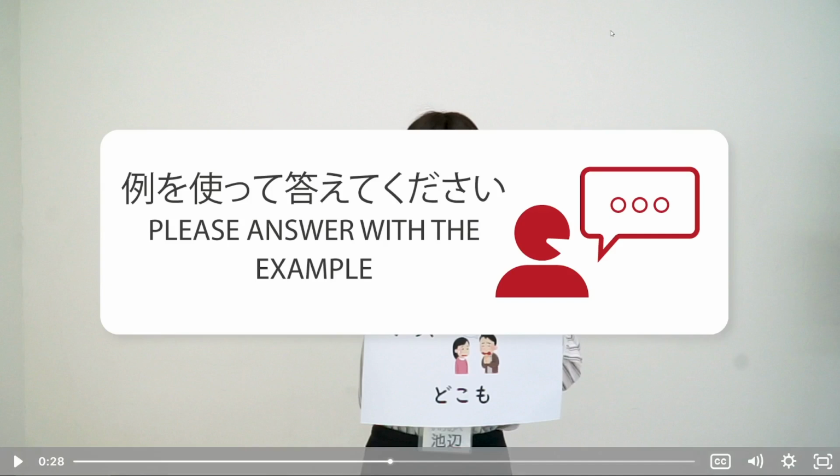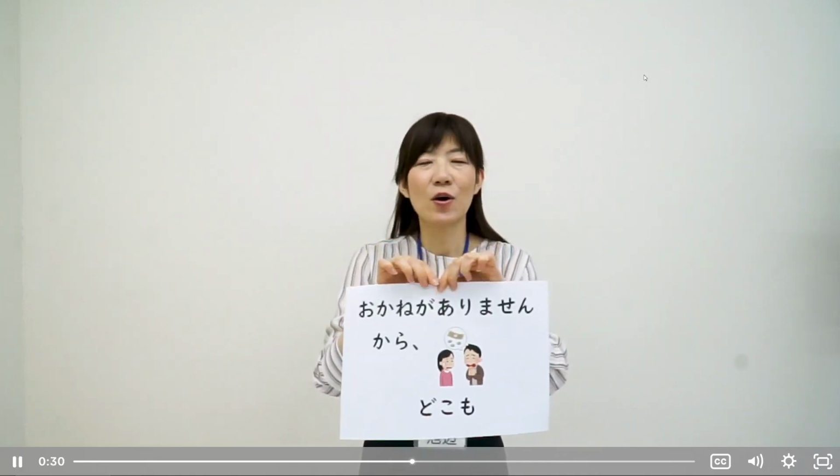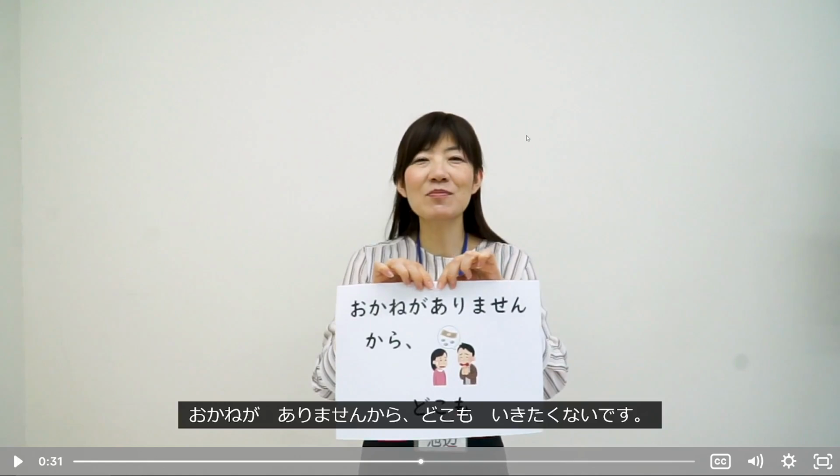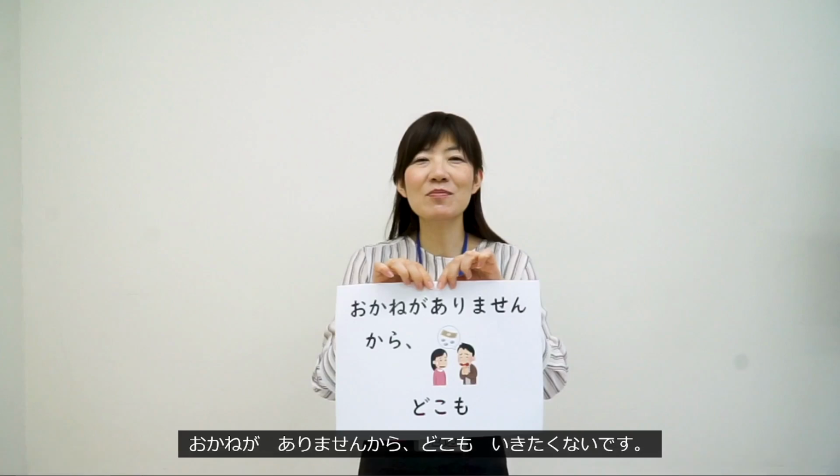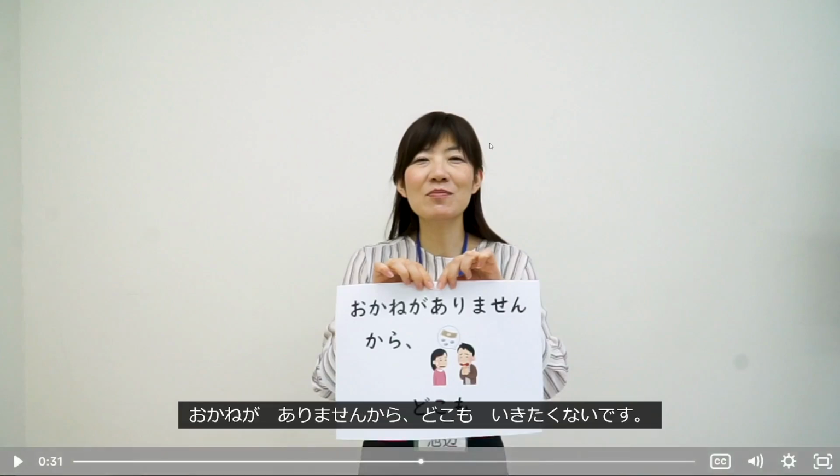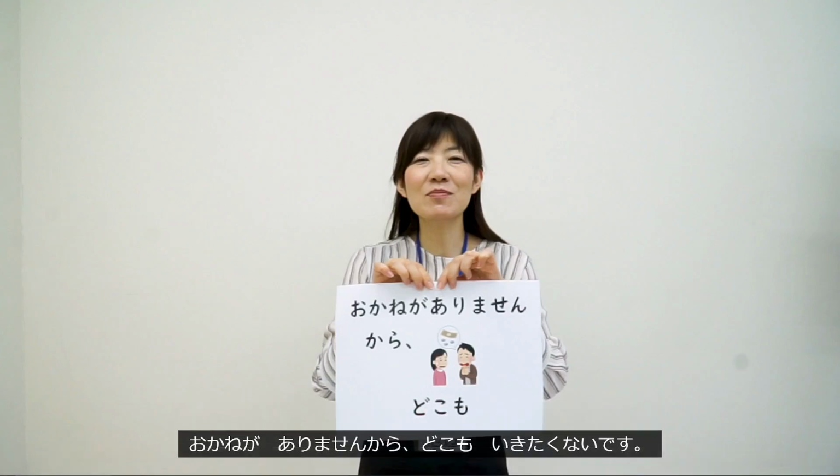And that was negative already? Yeah, the takunai is what makes it negative. Okay. So okane ga arimasen kara doko mo ikitakunai desu. One more time for me. Okane ga arimasen kara doko mo ikitakunai desu.